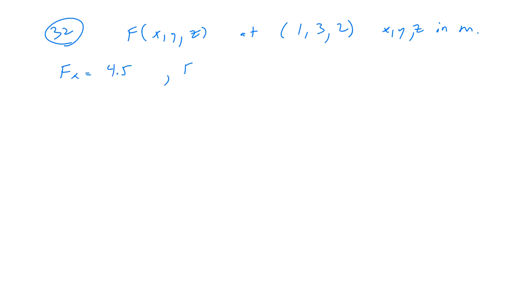Suppose at 1, 3, 2, the partial derivatives are given by this in newtons per meter.